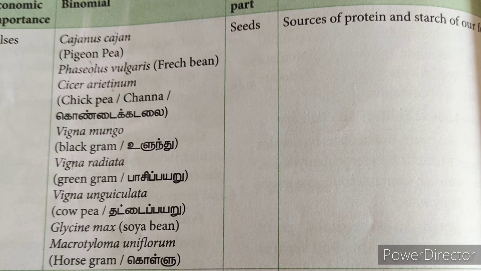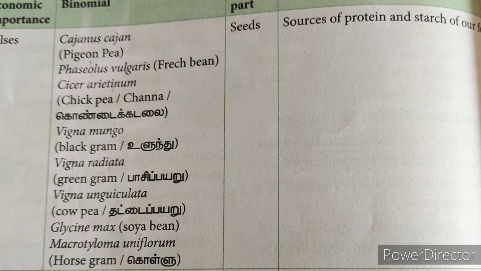Vigna mungo, black gram, ulundu. Vigna radiata, green gram, pasipairu. Vigna unguiculata, cowpea. Glycine max, soybean. Macrotyloma uniflorum, horse gram. So all these pulses we use in our day-to-day life.